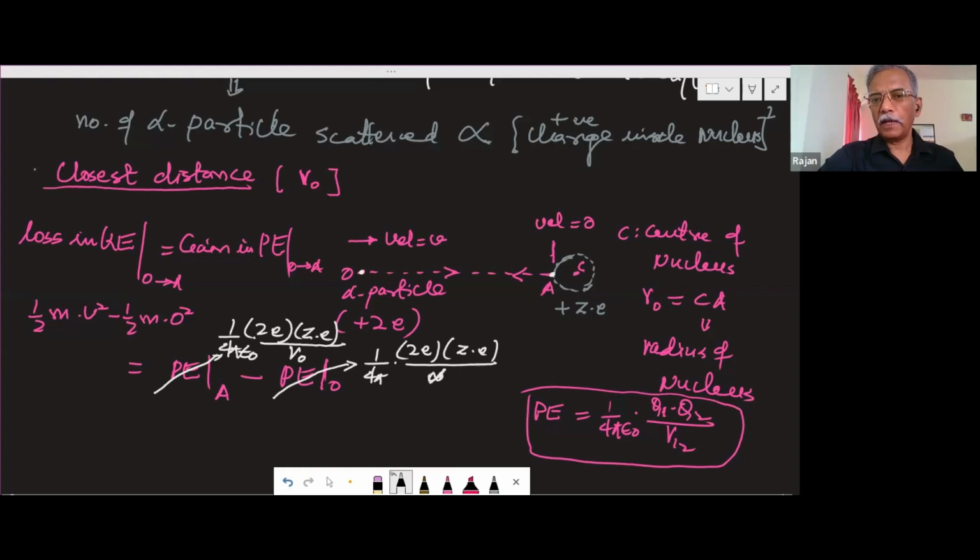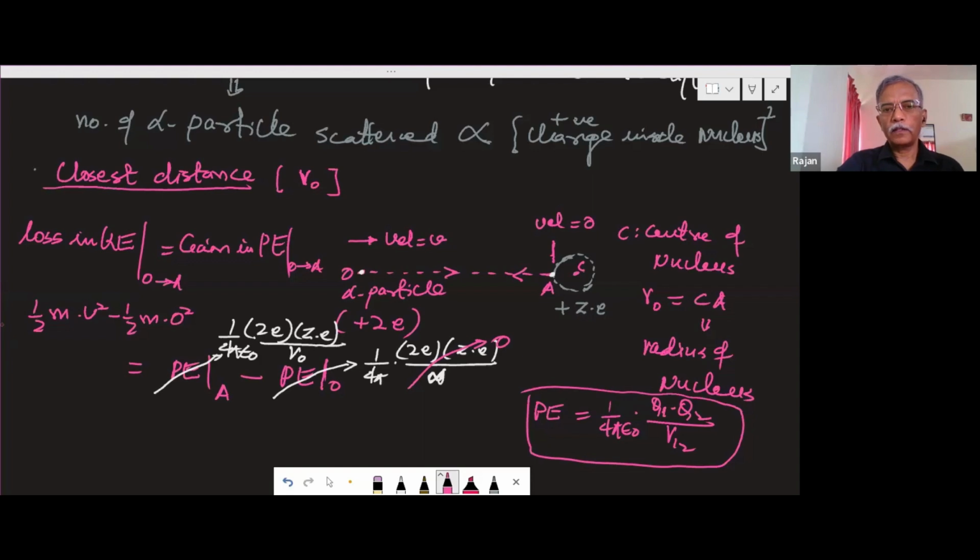If it is infinity, 1 by infinity is 0, correct? So in turn, it will be 0. Then I'm going to have this as 1 by 4 pi epsilon naught 2e into Ze by R naught, correct? Can we write like this? Yes, got it. So we can get the value.